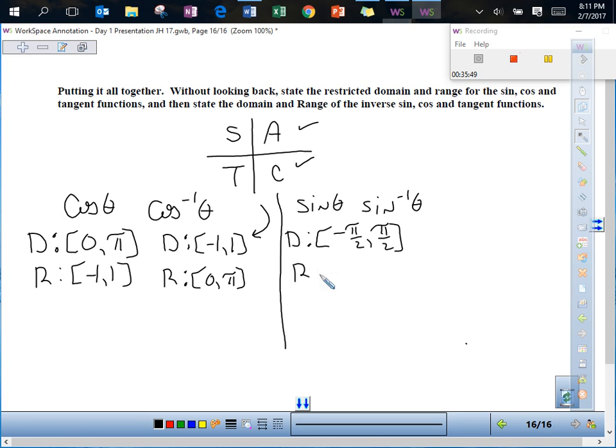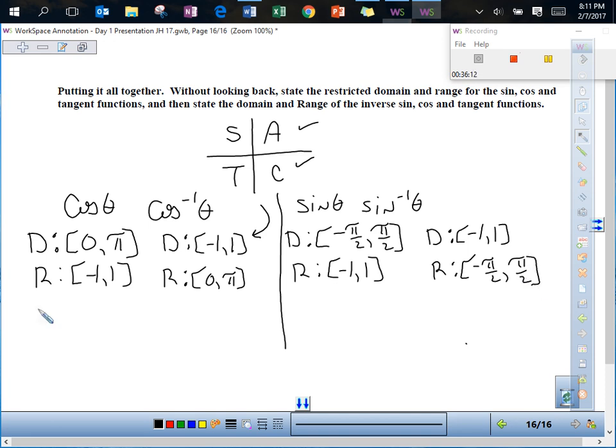My range is going to still be negative 1 to 1. That means for the inverse sine, your domain, the items that you can type into your calculator, are negative 1 to 1. The range is going to be negative pi halves to pi halves.